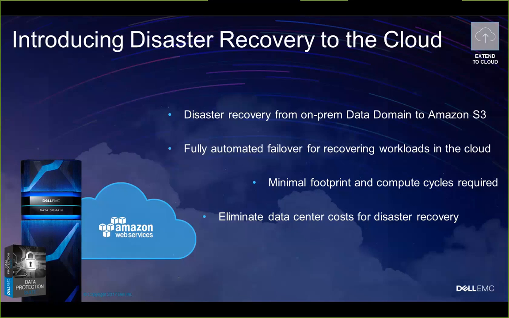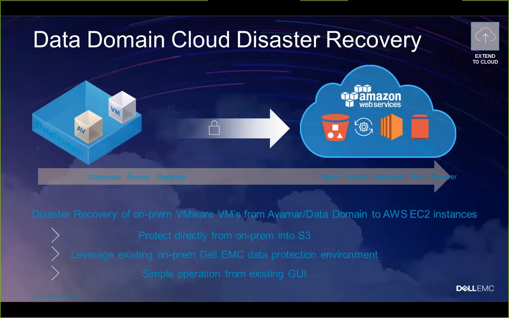So what that does is it really eliminates your data center costs, your footprint, and the compute cycles that are required. So maybe you don't need a DR data center, maybe you can just get by replicating your backups to the public cloud. The way that this works is, on the left-hand side, I have an Avamar VM that's being backed up.